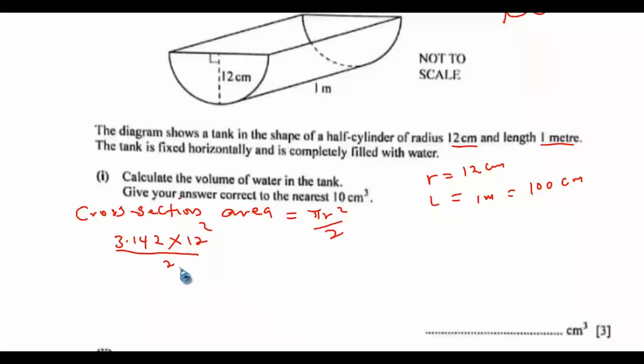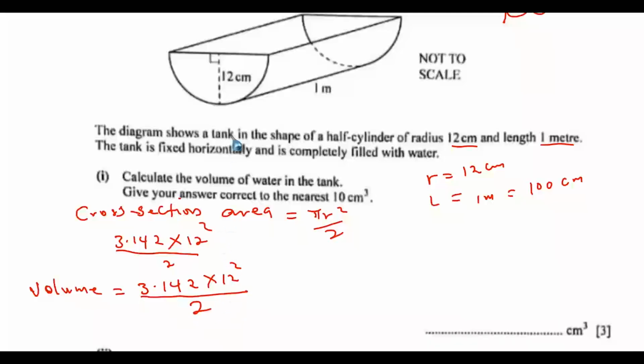And we can get the volume now. The volume will just be the cross section area times the length, which is 100 centimeters. So the volume will be equal to 3.142 multiplied by 12 to the power of 2 divided by 2.